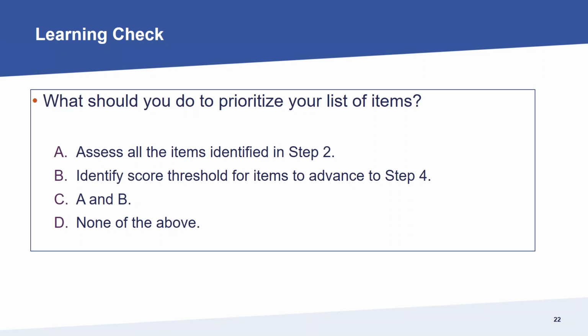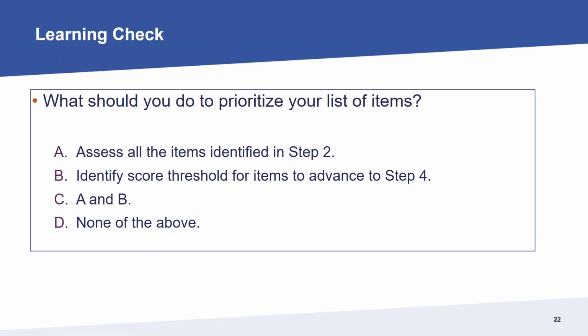So it looks like, based on responses, about 10% said A, assess all the items identified in step 2. Close to 20% said B, identify score thresholds for items to advance to step 4. And about 70% said both A and B. And then a very small percentage said none of the above.